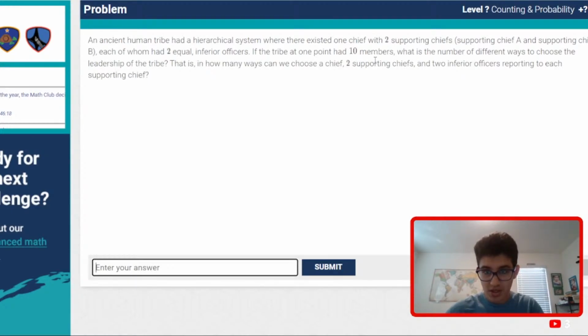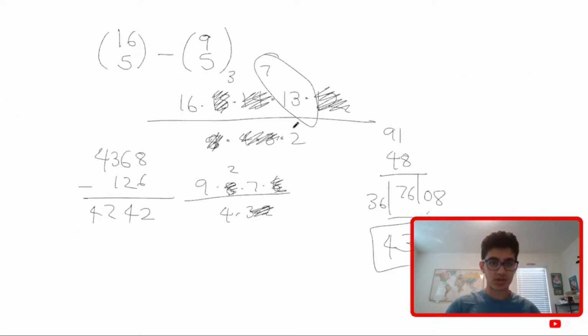First of all, how many people will there be in total? To choose the chief, that's obviously a different position, right? So to choose the chief, there are 10 ways. Then you've got 9 people left. From the 9 people, you have to choose.